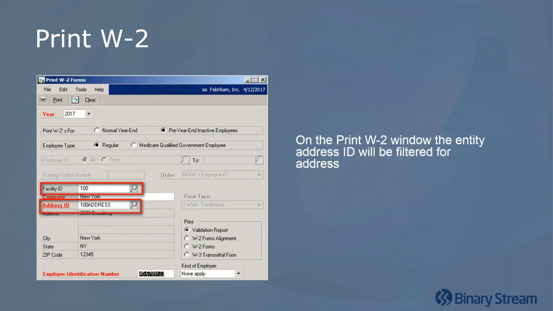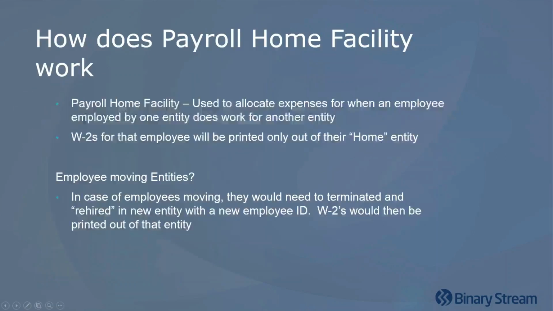The other important piece to note is the employer identification number. That will be coming from your tax ID setup, and that one is assigned specifically by entity. So as you change the entity ID in here from 100 to 200, the address ID filtering happens, and the employer identification number will update appropriately based on your setup.